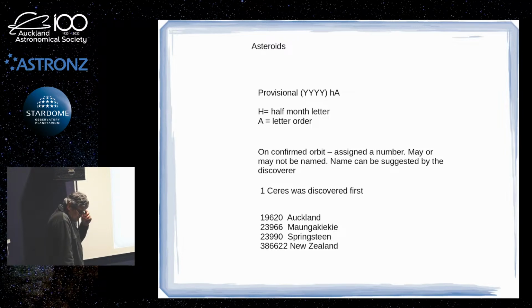But the other one was actually a society member, 386622 New Zealand, discovered by Jenny McCormick at her home observatory out at Farm Cove. I don't know that any members have ever discovered a comet. It's quite difficult for amateurs nowadays when you've got all of these electronic survey scopes scouring the sky for things.